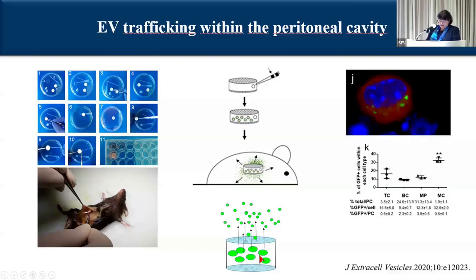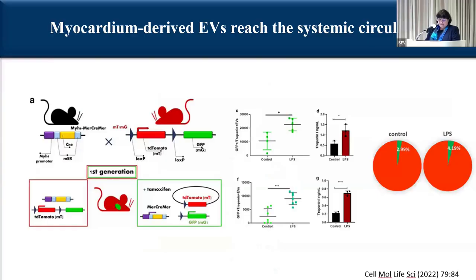Inside the chamber, you have GFP expressing live cells. The vesicles released by the cells can exit the diffusion chamber, and after 24 hours, you can appreciate that the vesicles are recognizable in all kinds of cells of the peritoneal cavity. So in fact, they can traffic there.